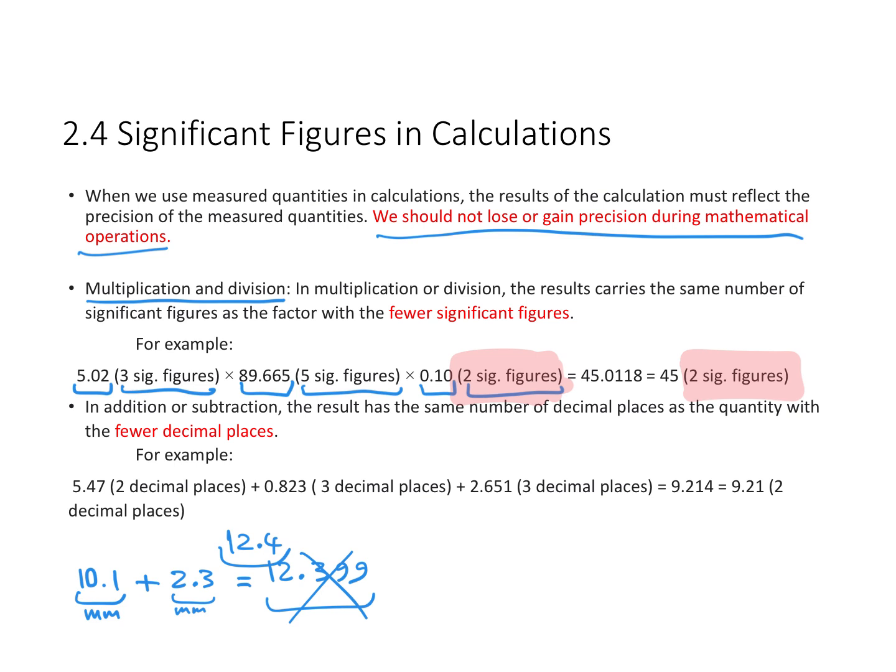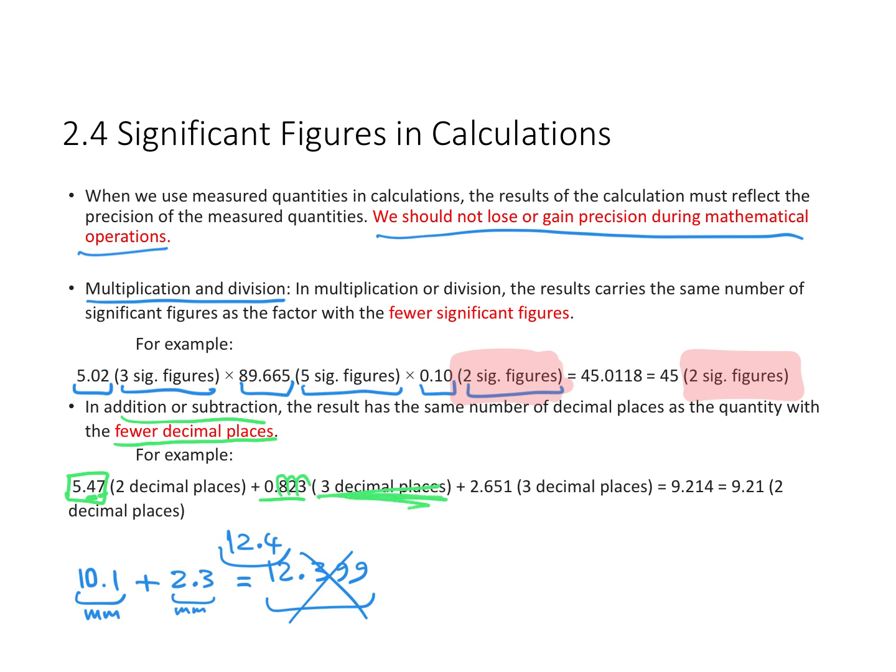And now for addition and subtraction, we don't look at significant figures anymore. We look at decimal places. Again, we choose the one that has the fewest, but not significant figures, fewest decimal places. So imagine we have 5.47. It has 2 decimal places, right? 1, 2. And this number has 1, 2, 3 decimal places.